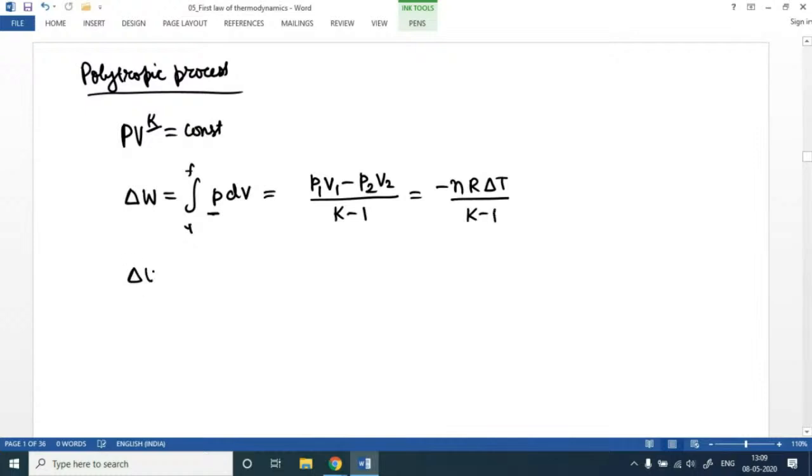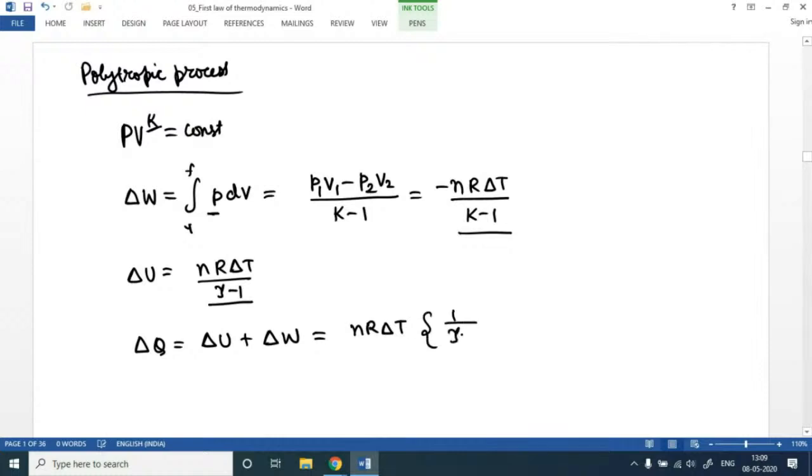And delta U, like always, independent of process, is nR delta T upon gamma minus 1, that is nothing but nCv delta T. So delta Q here, according to the first law of thermodynamics, is delta U plus delta W, which is this quantity plus this quantity. So obviously nR delta T you can take common, and that would be 1 upon gamma minus 1 minus 1 upon K minus 1.